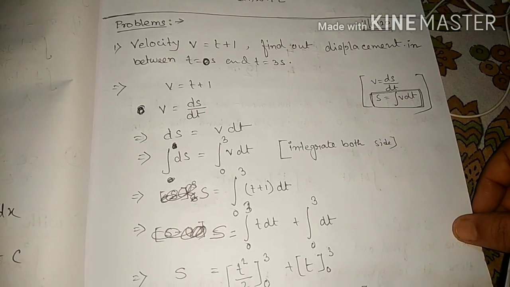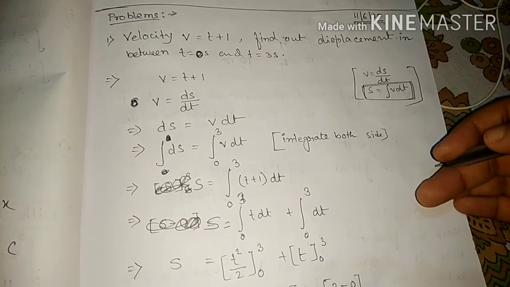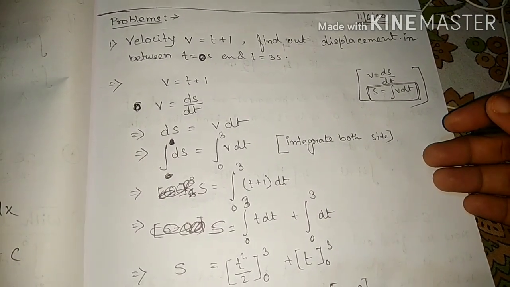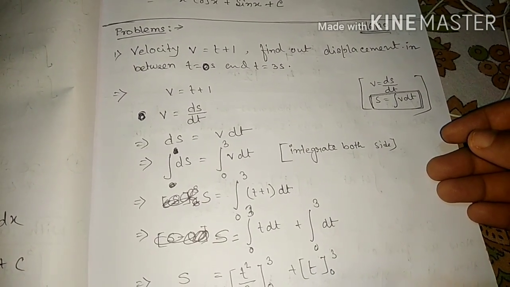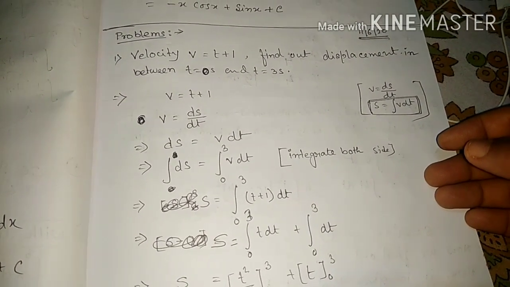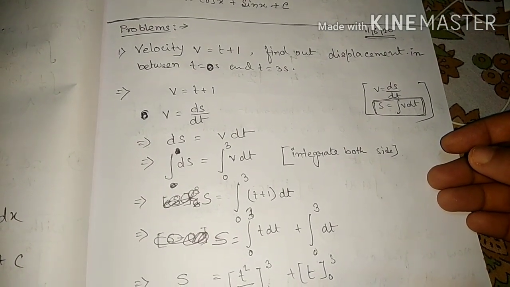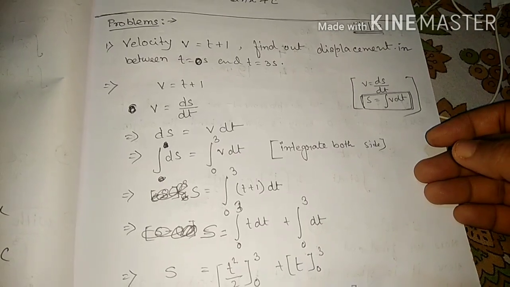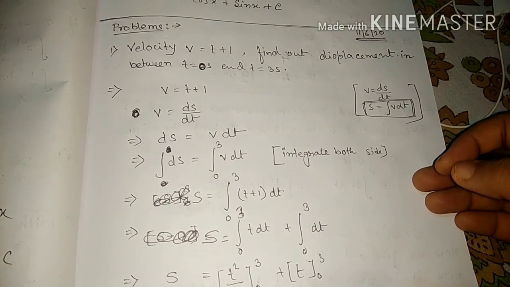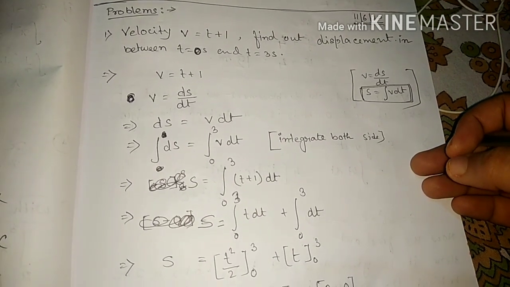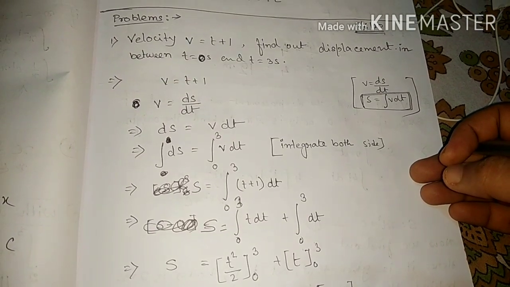Normally, if we find the velocity from displacement, we use differentiation. But if velocity is given, then to find the displacement, we use the integration method. In this class, we solve some problems so that you understand integration clearly.